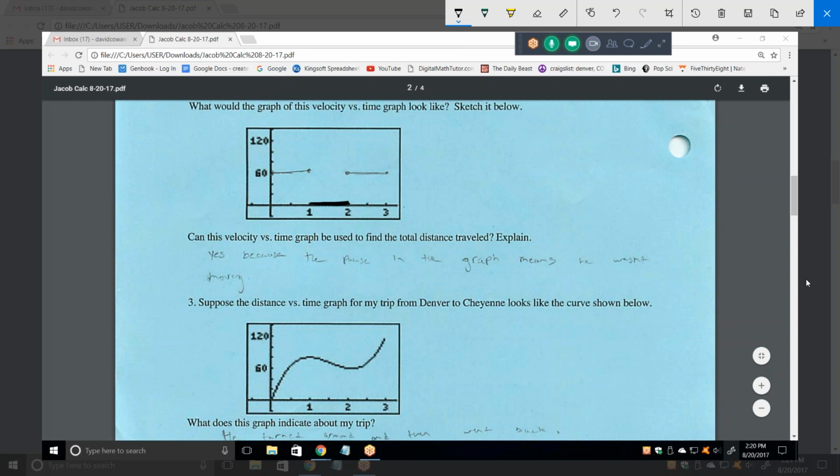Now, the next question is extremely important. It's almost the essence of integral calculus. It's really only two forms of calculus: differential calculus and integral calculus. You'll focus mainly on differential calculus this year, but you'll get into a little bit of integral calculus.